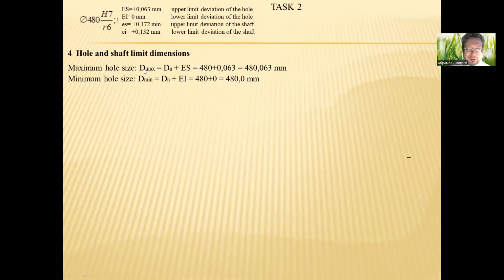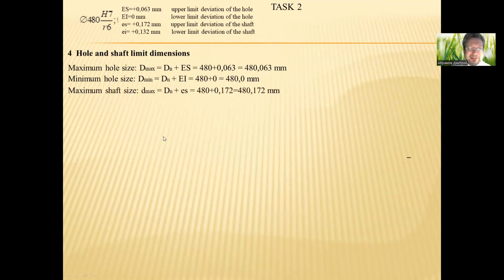So maximum hole size is equal 480 plus 0.063, and we have 480.063 millimeters. Minimum hole size is equal 480 plus 0, and it's equal 480 millimeters.